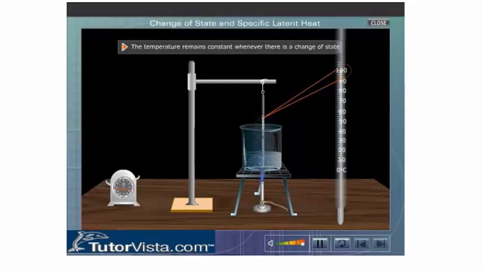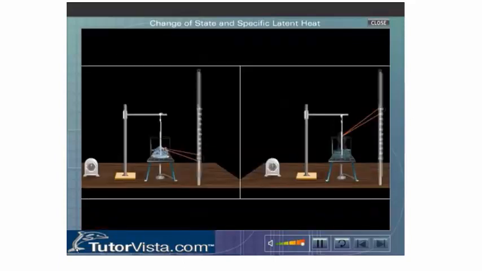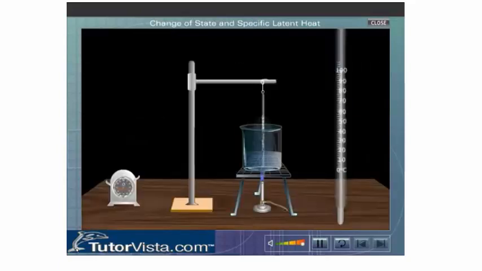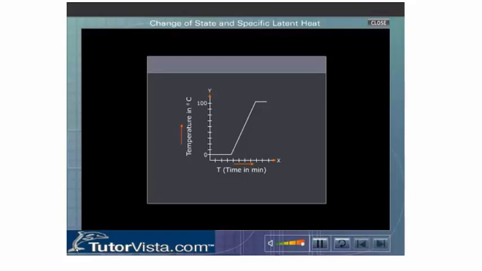What happens to the energy supplied? The energy supplied is used to break the intermolecular force of attraction existing between the molecules, and therefore the thermometer does not register a rise in temperature whenever there is a change of state. Since the energy supplied is not recorded in the thermometer, the heat supplied is called latent heat. Graph shown here represents the changes taking place when ice at 0 degrees centigrade is heated.